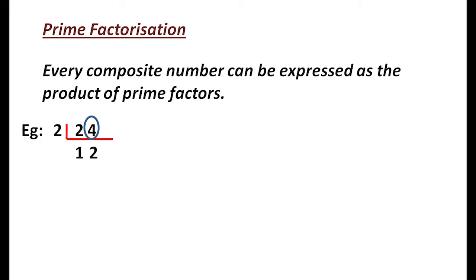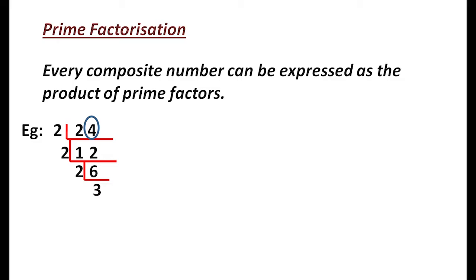Next 12 divided by 2 because 12 is also an even number. So it can be divided with 2 and we know that 12 divided by 2 is 6 and 6 is also an even number. We can divide with 2. So answer is 3.